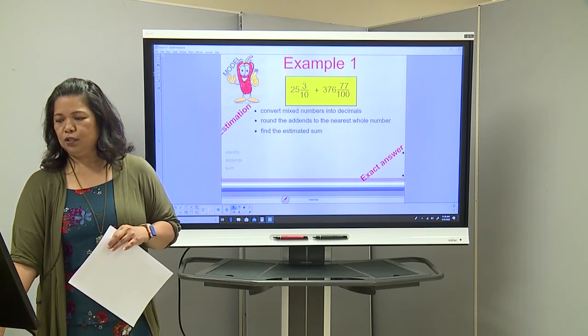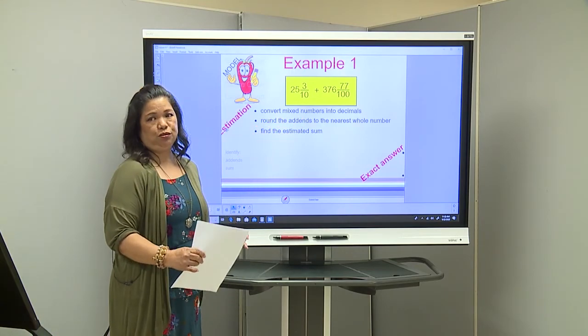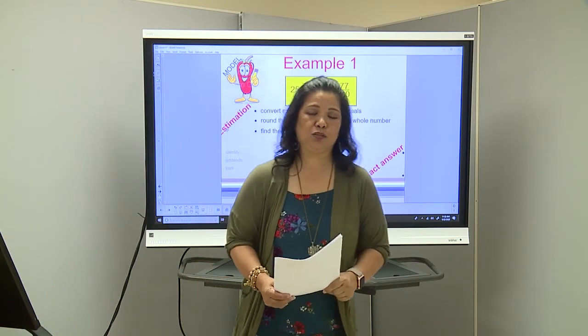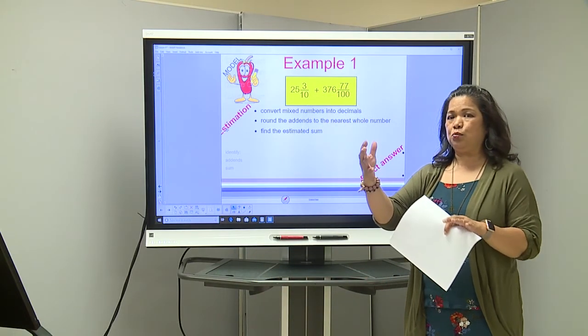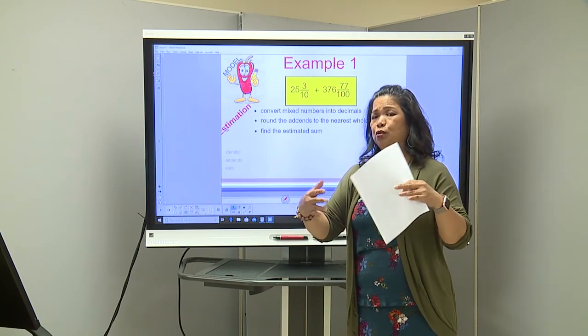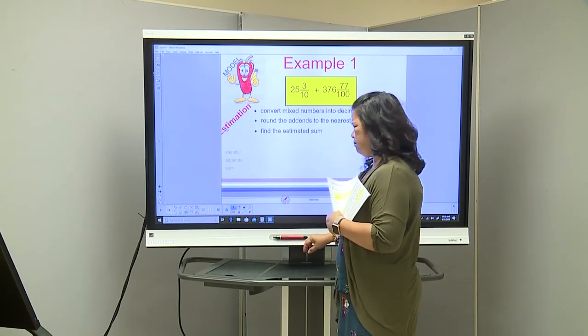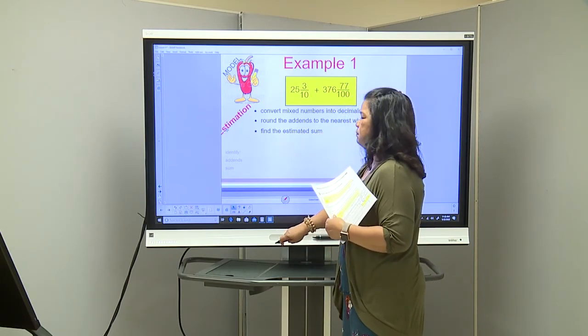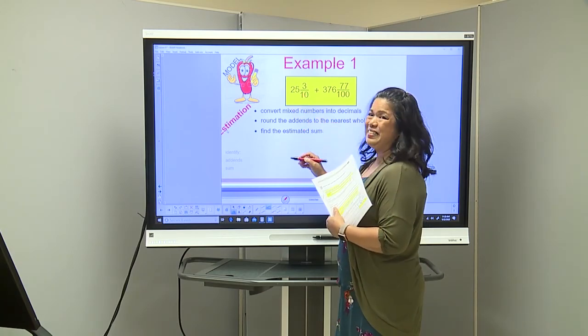First, let's convert the mixed numbers into decimals. I always tell my students the way you read your fractions is the way you read your decimals as well. So you write it the way you read it. Here we go. 25 and 3/10.